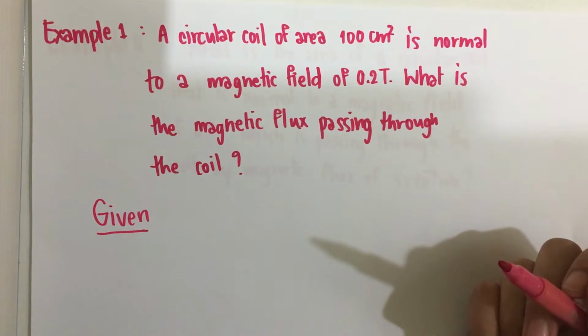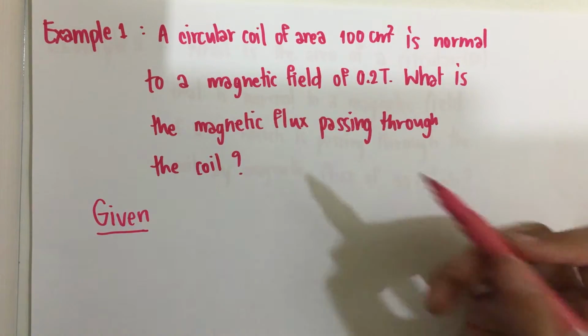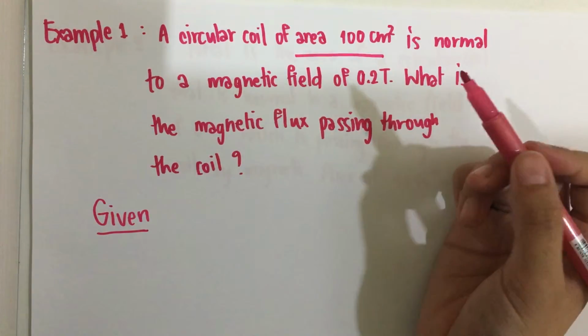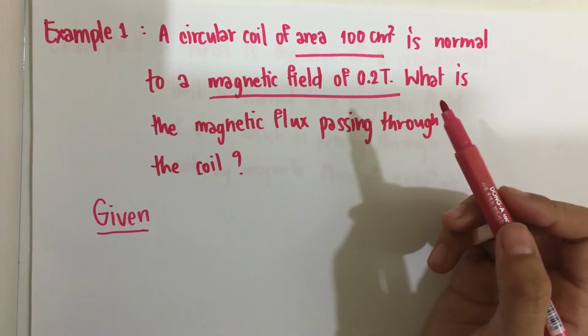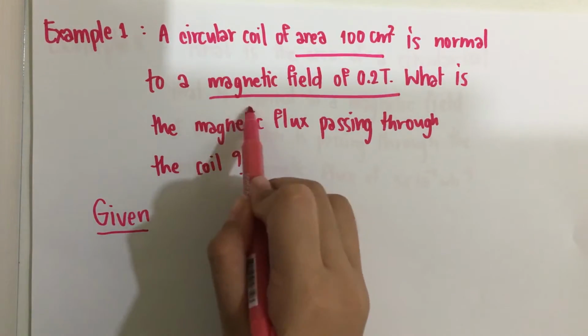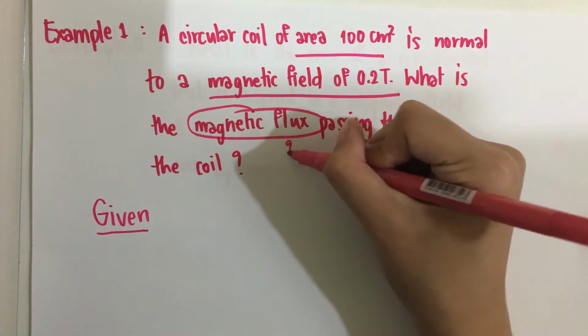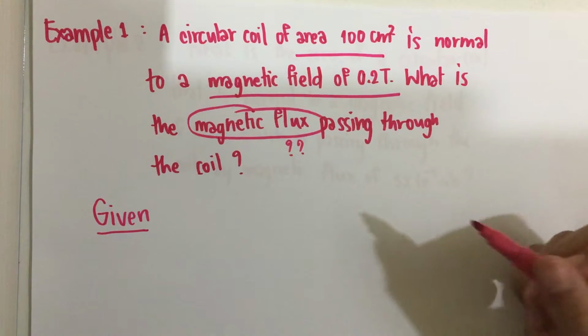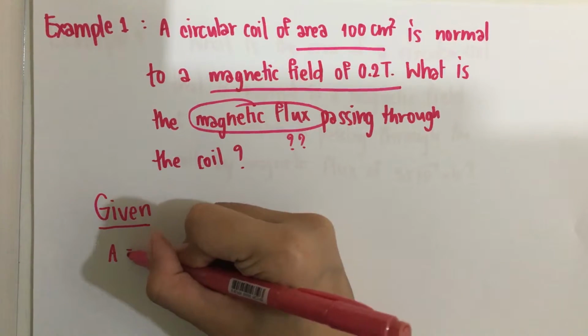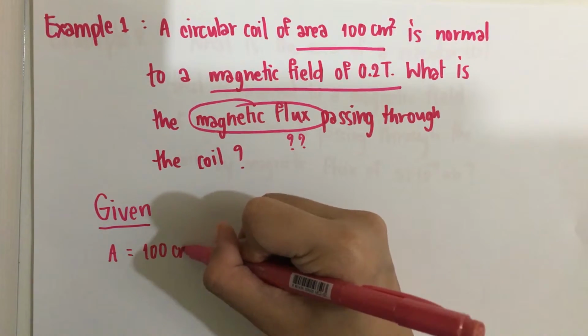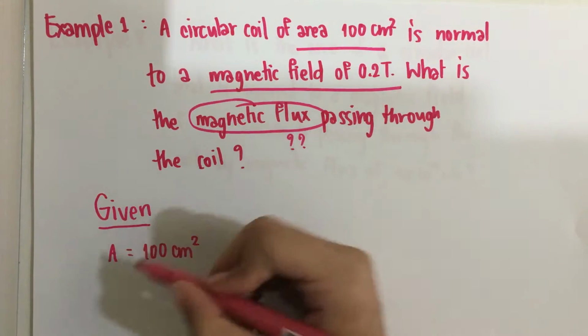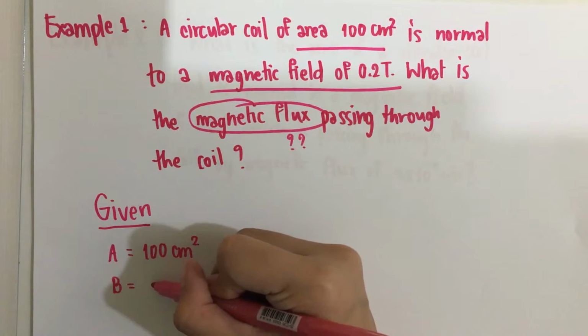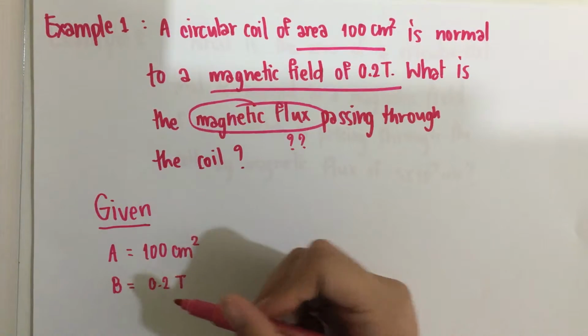It already gave us area and magnetic field, and they want to know what is magnetic flux. Area is 100 centimeters square, and magnetic field is 0.2 Tesla.